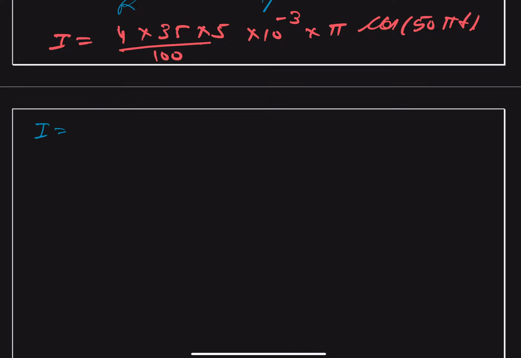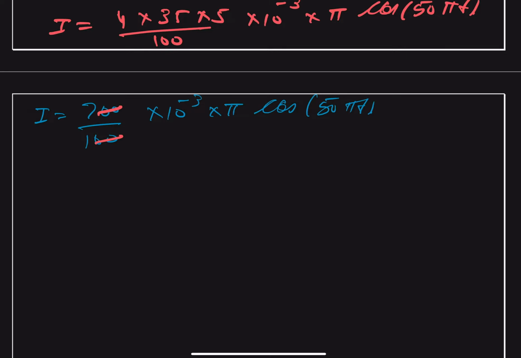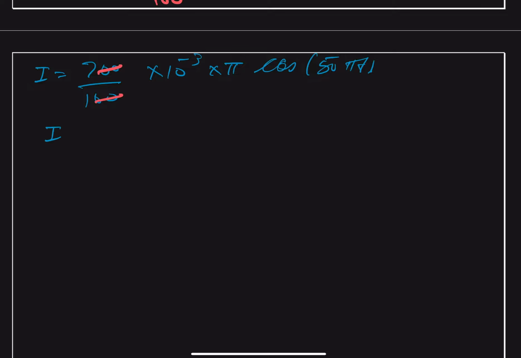We get this as current, and this 20 comes 7, so this will be 700 divided by 100, 10 to the minus 3 times pi, and cos of 50 pi t. This goes away, so we are left with current equal to 7 pi into 10 to the minus 3 cos of 50 pi times t.